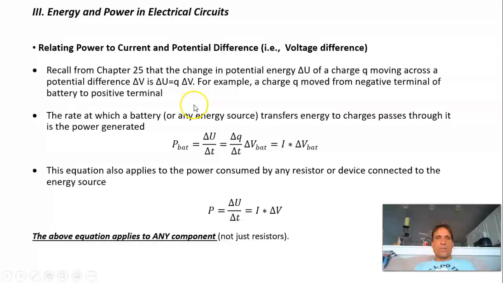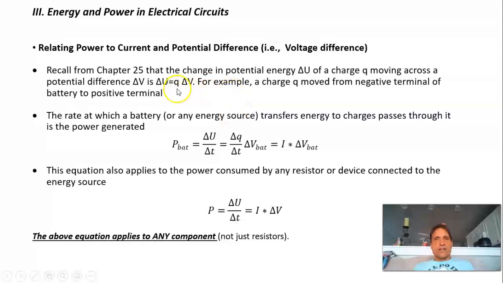So let's, for example, calculate the rate or the power that a battery or any source transfers energy to the charges as they move through the battery. So to calculate, power is delta U over delta T, change in energy over the change in time.